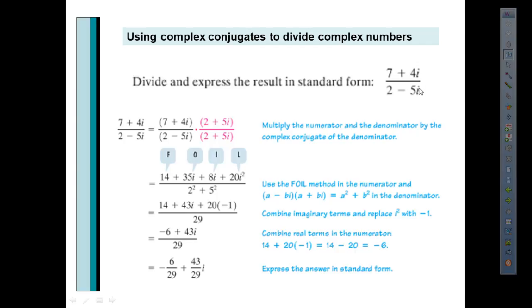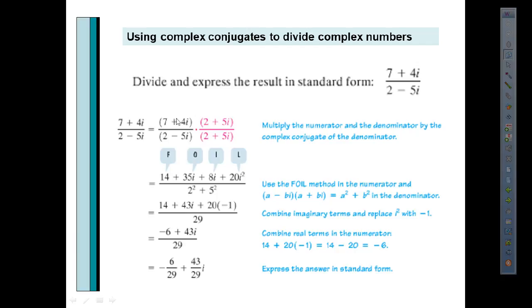We want to get rid of the complex number on the bottom. That's really all you're going to end up doing when dividing. So we're going to multiply top and bottom by the conjugate of the bottom. Remember, you have to multiply both top and bottom because that has a value of 1. You're not changing what this thing's value is, you're just changing what it looks like.